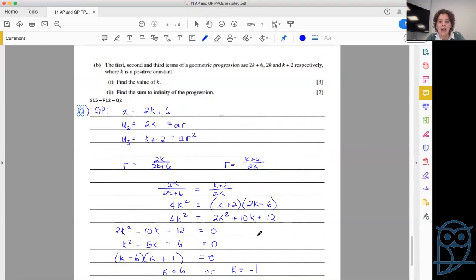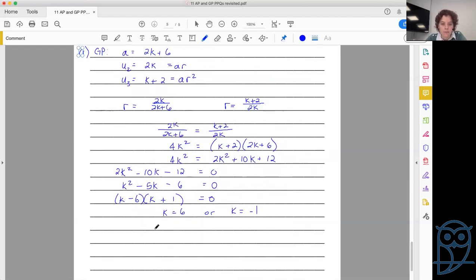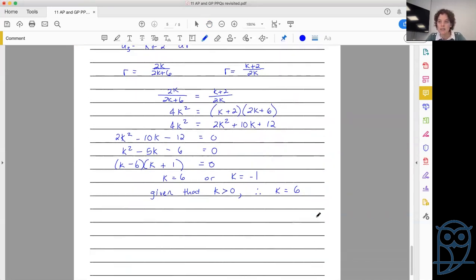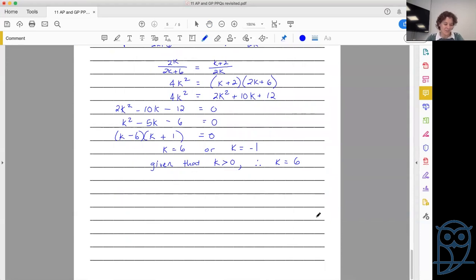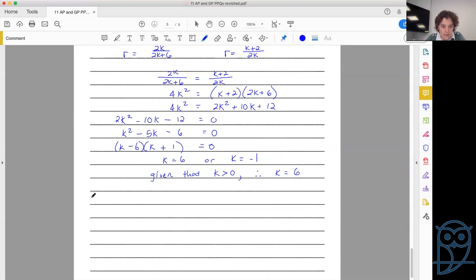But remember that we were told k is a positive constant. So, given that k is greater than 0, therefore k equals 6 is our final answer. We are sprinting now to finish off. Okay, so part 2 is find the sum to infinity.